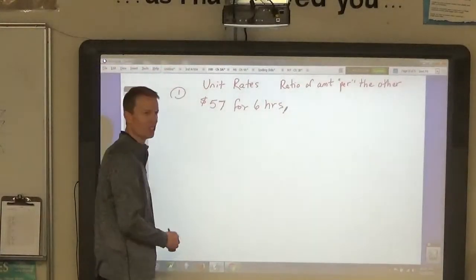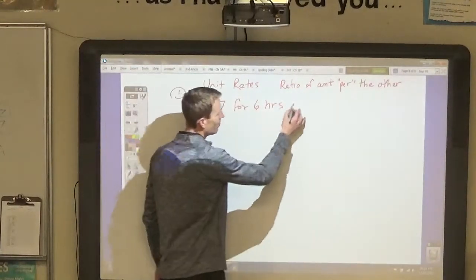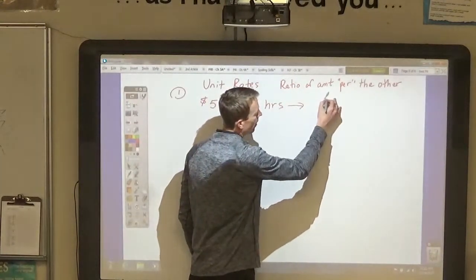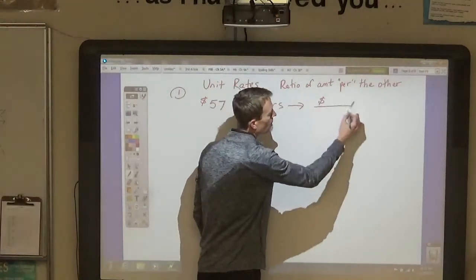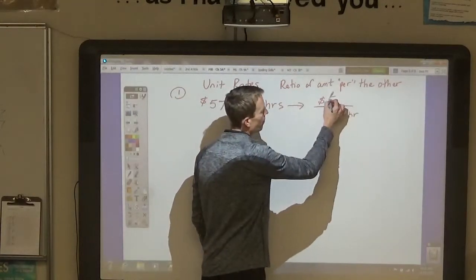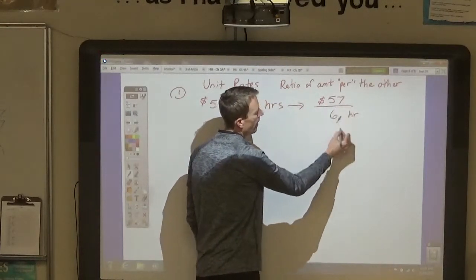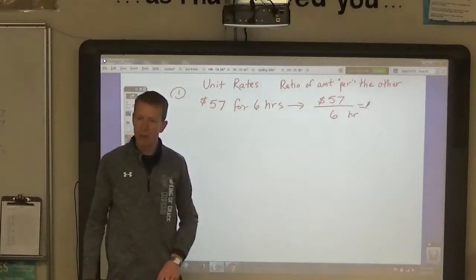You divide it. So set it up this way. It's dollars per hour, right? 57 over 6. And when you divide it, you get the unit rate.